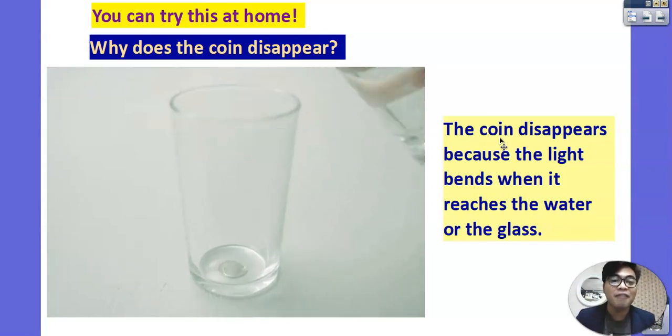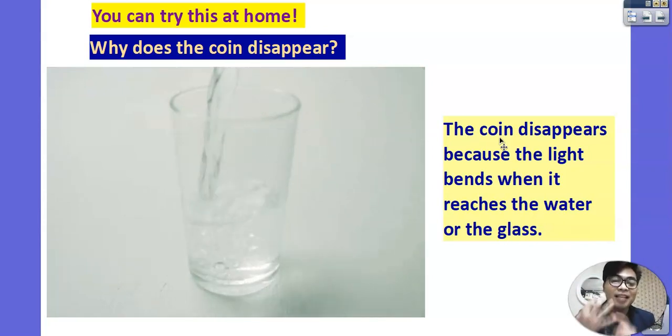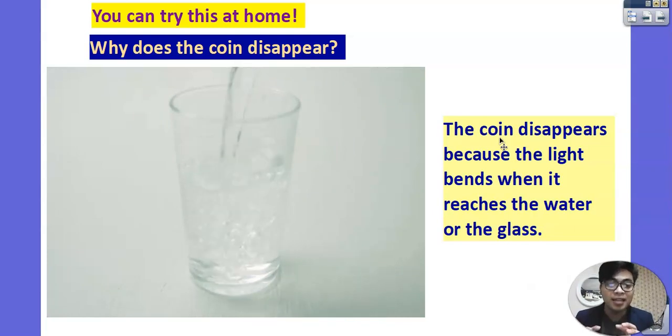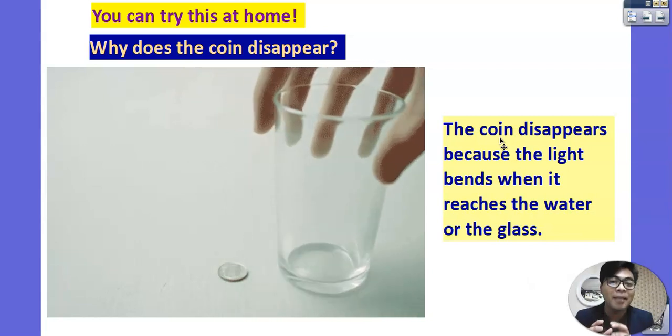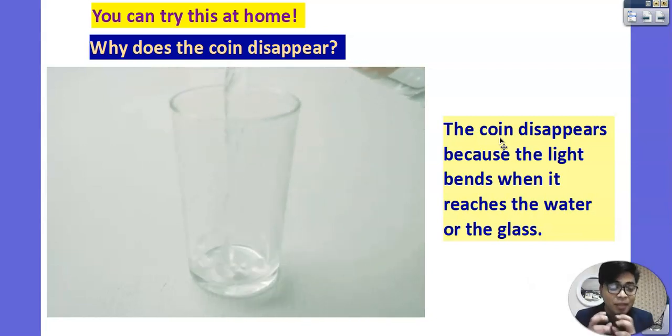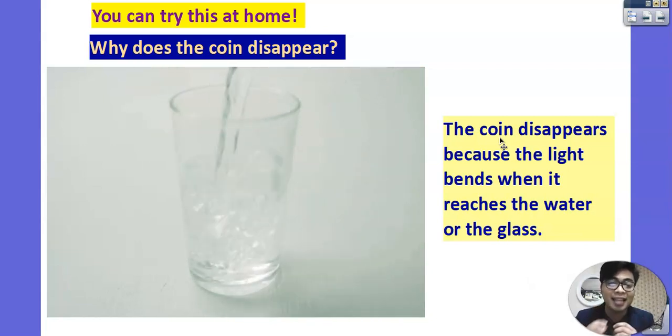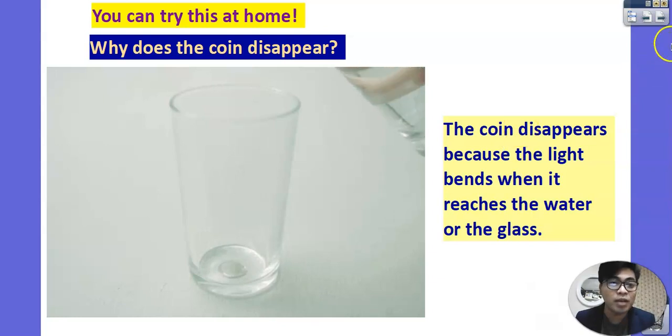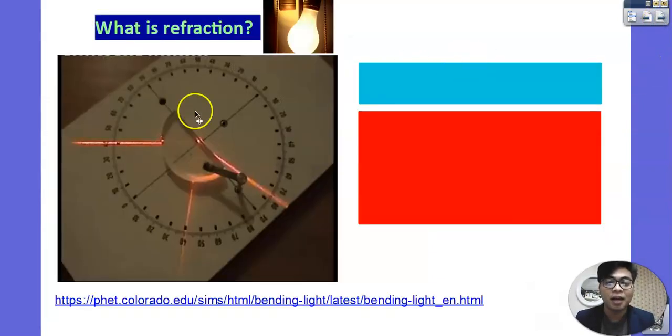So it travels through the three media: glass, water, and air, and therefore all of these materials bend the light. So what happens here is that before it reaches your eyes, the light tends to bend at an angle that we can't see anymore. We call this kind of incident refraction.